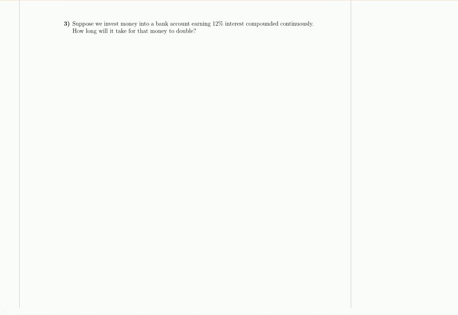So again, because we're dealing with continuously compounded interest, we can write down our equation for exponential growth, which is y of t equals a times e to the kt. Okay. And we know the interest rate. So that's k. So it's 12%.